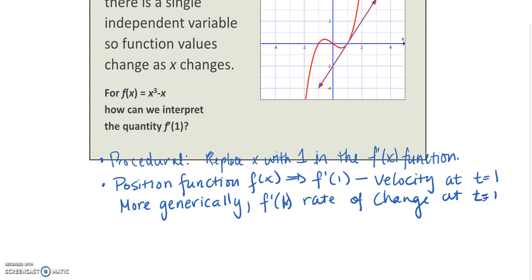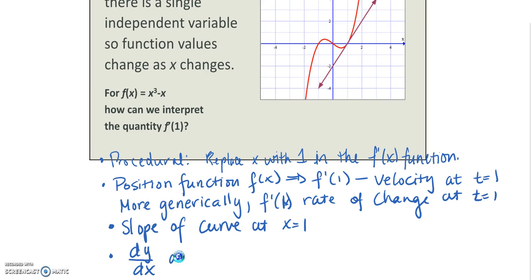I could also say it's the slope of the curve at x equals 1. I could also say it's the change in y over the change in x at x equals 1.